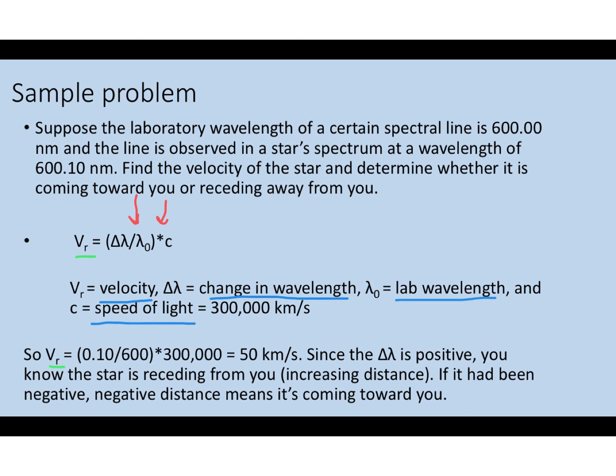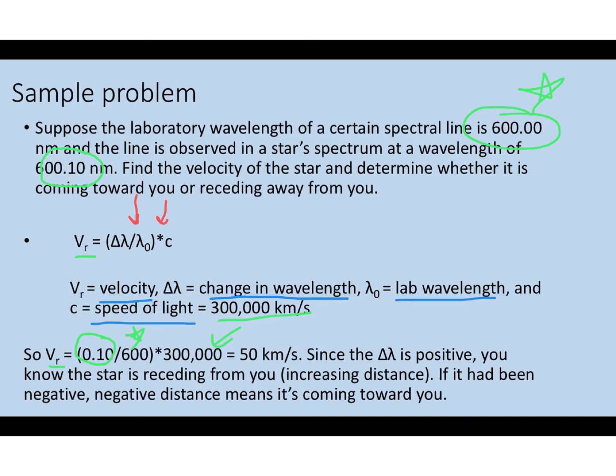The wavelength change we find by comparing the wavelength now with where the wavelength ought to be. The wavelength changed by 0.10 nanometers. The lab wavelength is given as 600. We divide those, then multiply by the speed of light. And we get our speed, which is 50 kilometers per second.